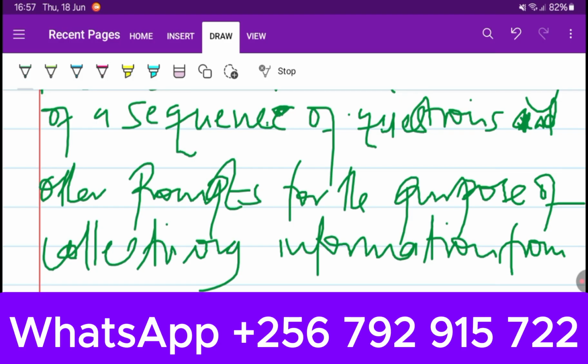So the questionnaire translates the research objectives into specific questions. It translates what the researcher is trying to find out into specific questions that are intended to capture the information that is going to be used in the research.